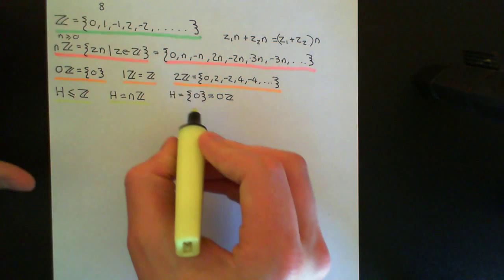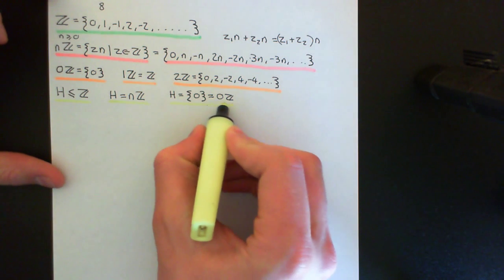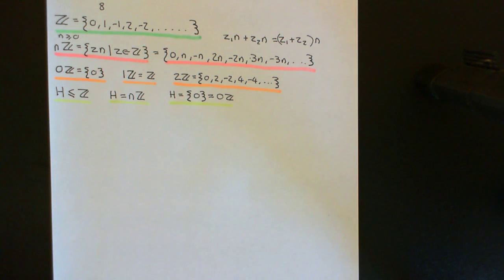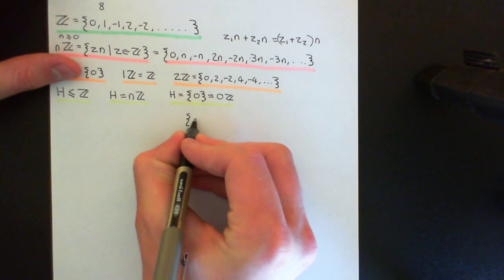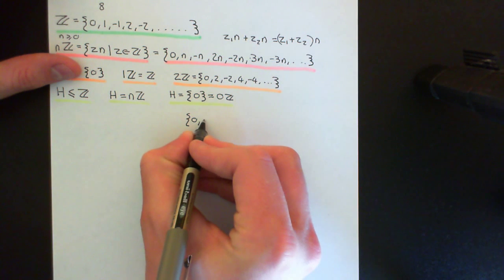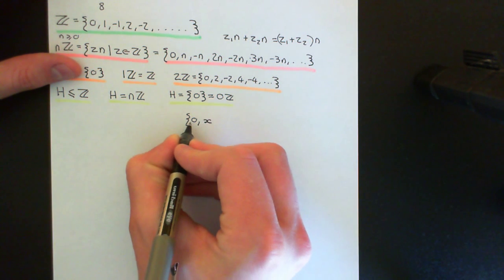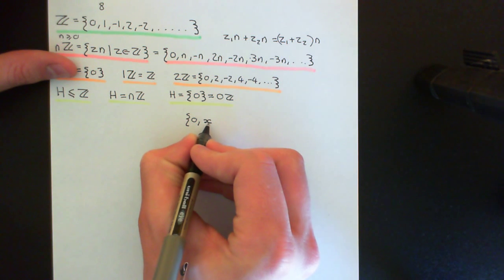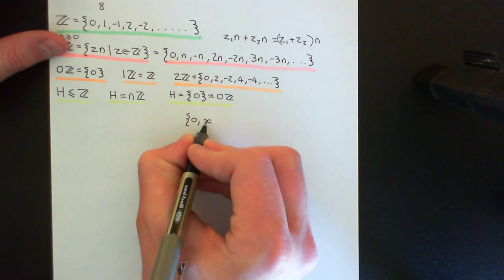The other possibility is that it contains more elements than just the additive identity. Now, any subgroup always has to contain the additive identity, so we can always start off by saying it will have the additive identity in, but let's say now it contains some element beyond just the additive identity. Now, either this element is a positive integer, okay, or it's a negative integer.